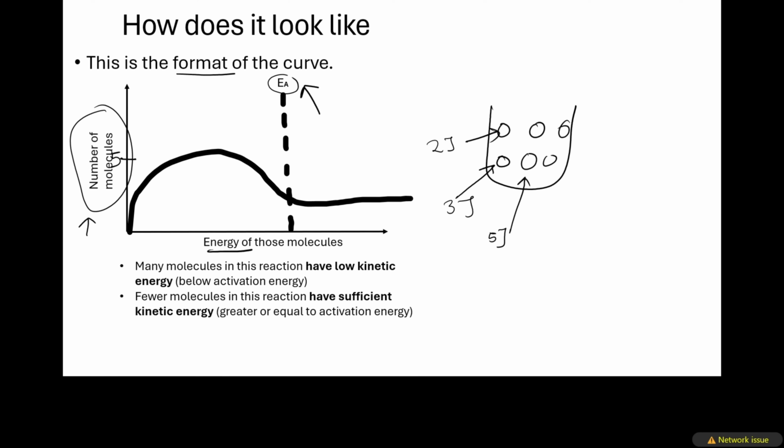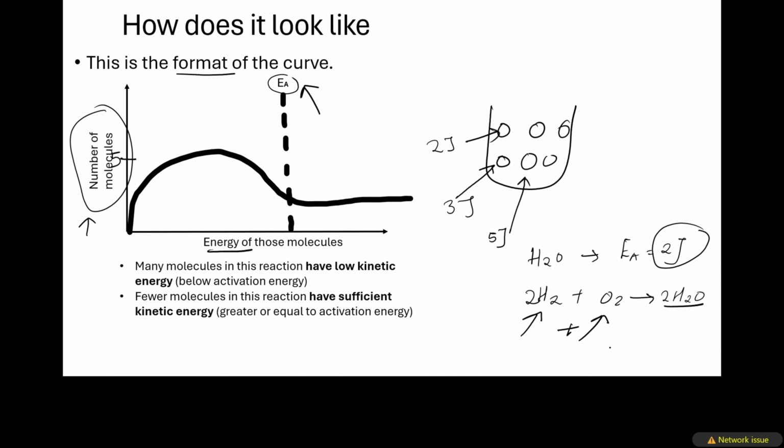successfully. So for example, if we say the activation energy for the formation of H2O is 2 joules, it means when you are adding hydrogen and oxygen in a balanced chemical reaction to get water, then the energy of hydrogen and oxygen, when you are adding them together, must be 2 joules or more, so that water can be formed.